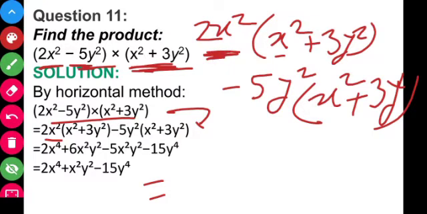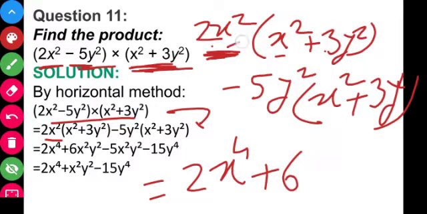When you multiply 2x square to x square, you will get 2 into 1, so 2, and x square into x square, so x to the power 4. Now 2x square into 3y square, 2 threes are 6, and x square into y square, so 6x square y square.